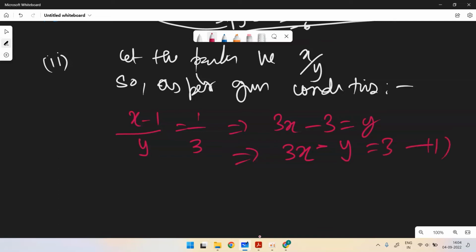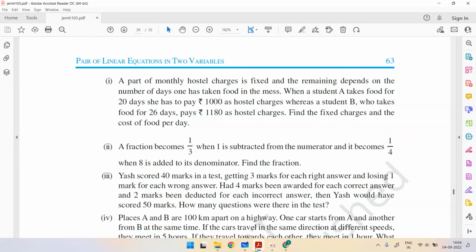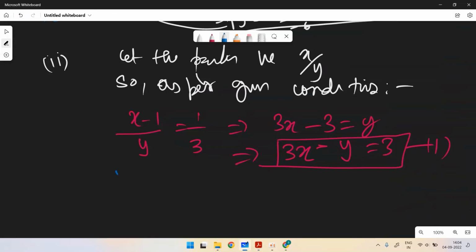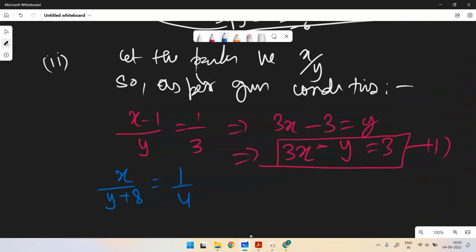This is my first equation. For the second equation, from the second condition: it becomes 1 by 4 when 8 is added to the denominator. Cross multiplying, 4x equals y plus 8, which implies that 4x minus y equals 8. This is my second equation.